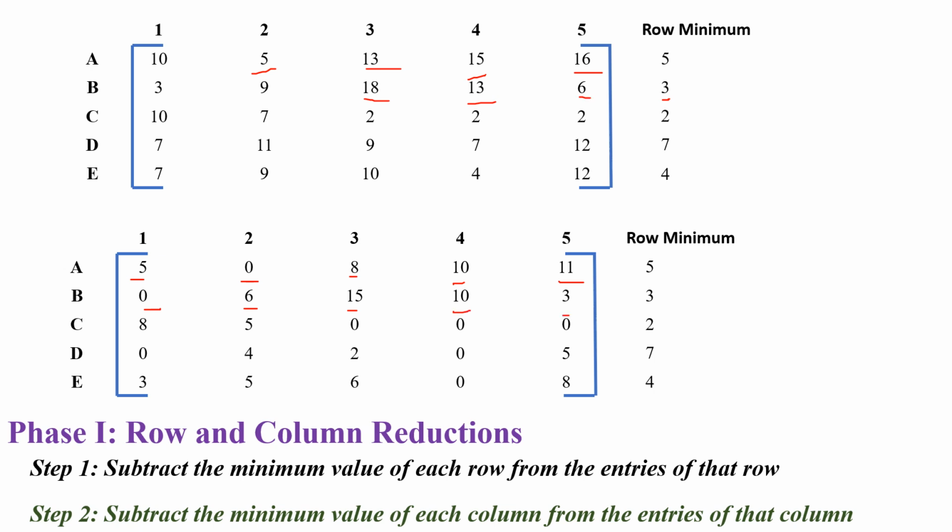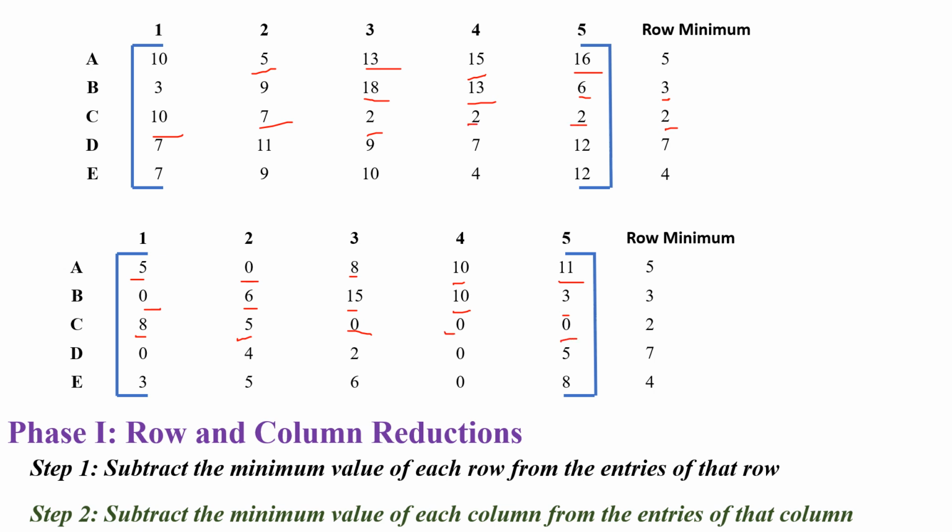Next we look at the third row. In the third row, minimum value is 2. Then subtract this minimum value 2 from the third row entries, that is 10 minus 2 is 8, 7 minus 2 is 5, 2 minus 2 is 0, 2 minus 2 is 0, 2 minus 2 is 0.